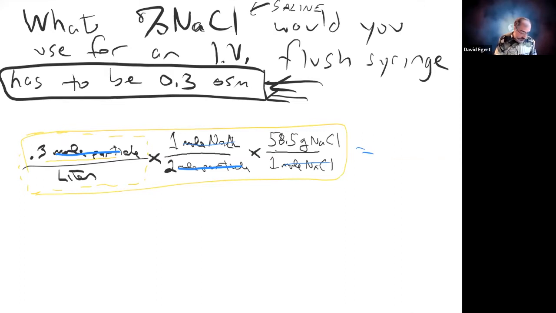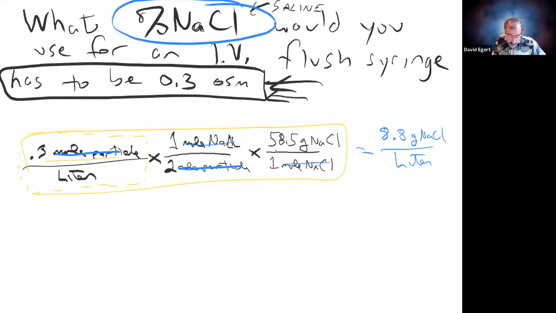I get 0.3 times 58.5 times 2, which is basically 8.8 grams of NaCl per liter. And now I need to change this into, I'm close. How am I going to turn this into percent NaCl?